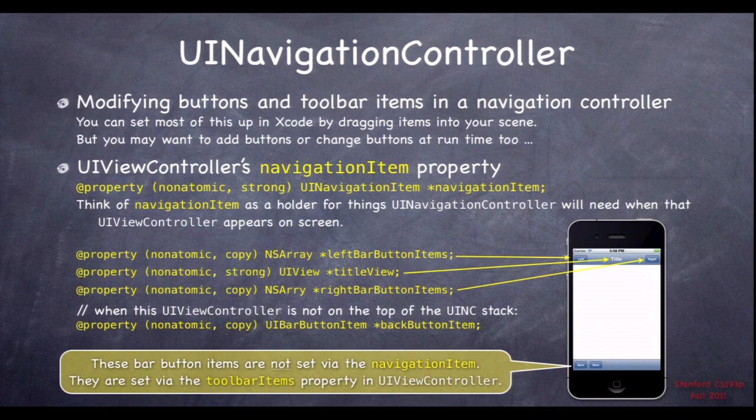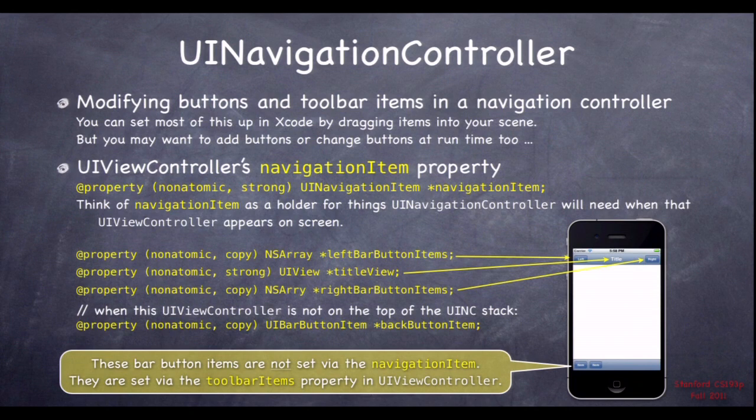Because each time a new view controller slides in a navigation controller, things might change in the navigation controller. For example, the left and right buttons, the buttons at the top of the navigation controller. Those are outside of the view controller that's being displayed, right? They're in the navigation controller's UI. But what's there is controlled, except for the back button generally, by whatever view controller is being shown.